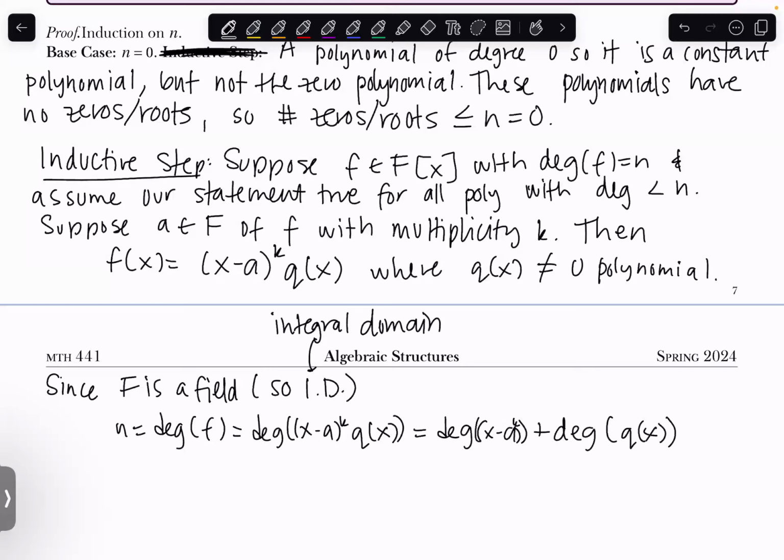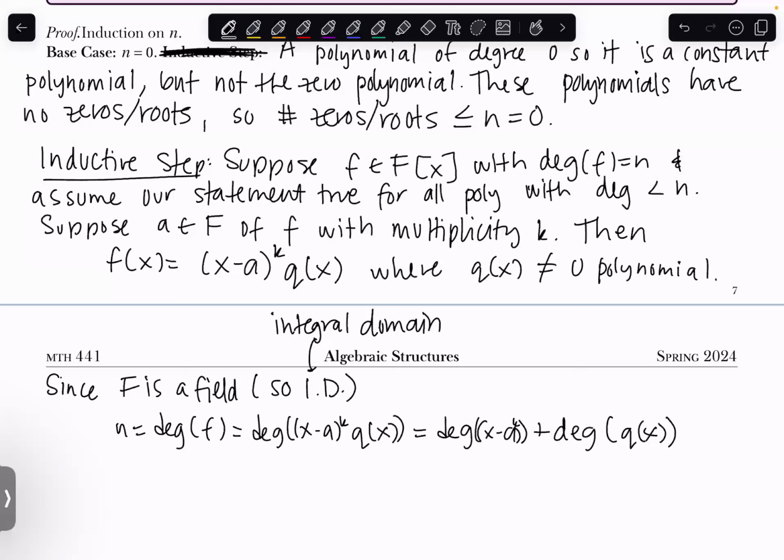I can split them up and think of the sums instead. If it wasn't an integral domain, I don't know that this is going to work out. If I had zero divisors, my degrees could actually go down. So because it's an integral domain, I can split up the degree of the product, and I'll have an addition of the degrees.